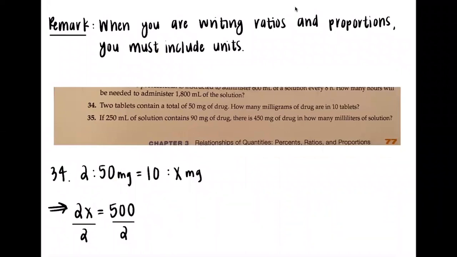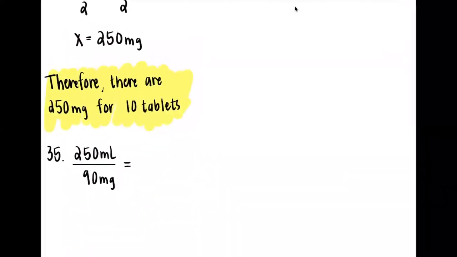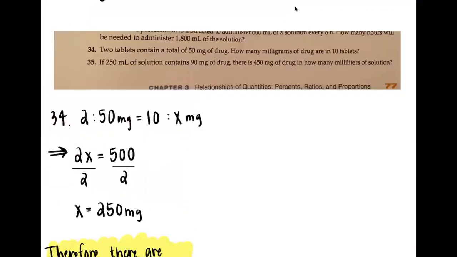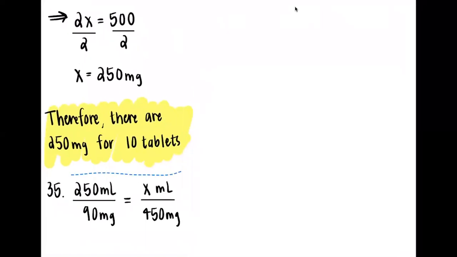So now the second milliliter, that is the unknown. So we have x milliliters is equal to 450 milligrams. And now, oh, I don't have a lot of room. Let's bring this back up then.